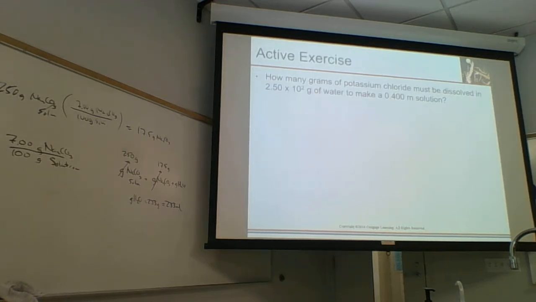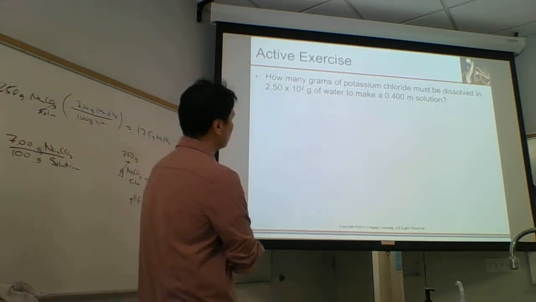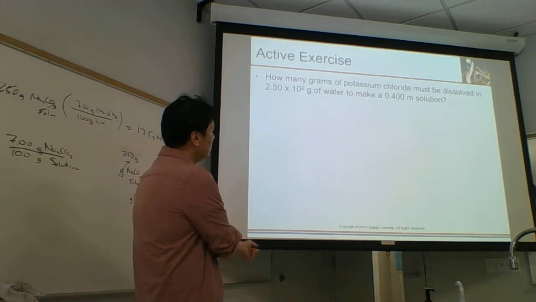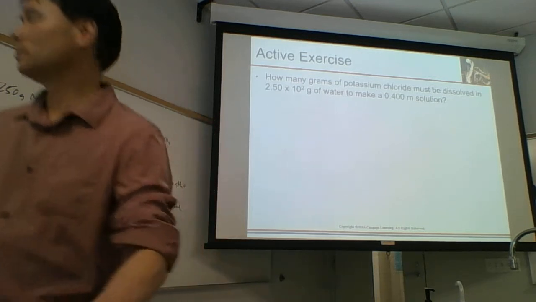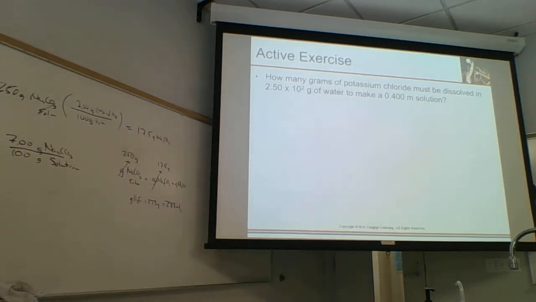So how many grams of potassium chloride must be dissolved in 250 grams of water to make a 0.400 molal solution? A 0.400 molal solution is 0.400 moles of potassium chloride per kilogram of water. Water is the solvent.